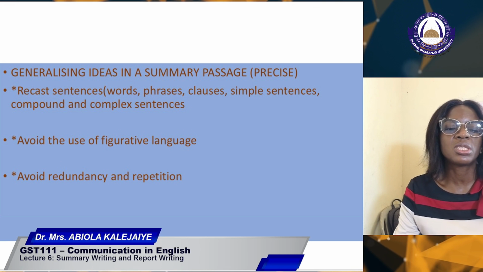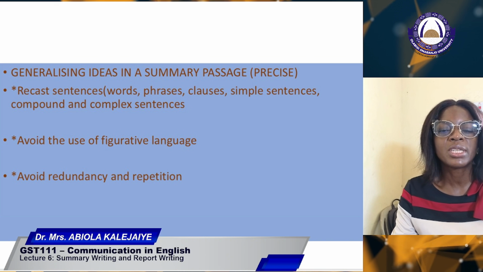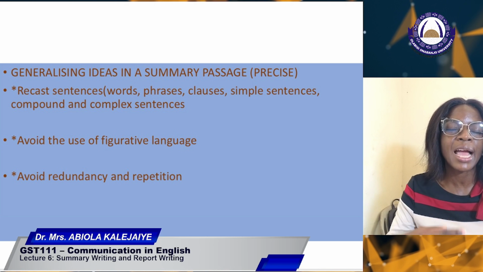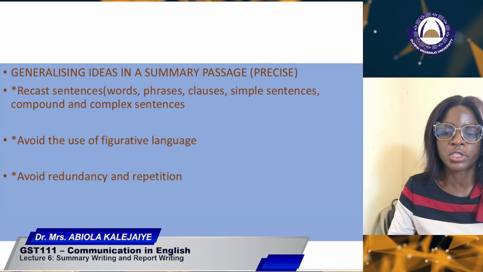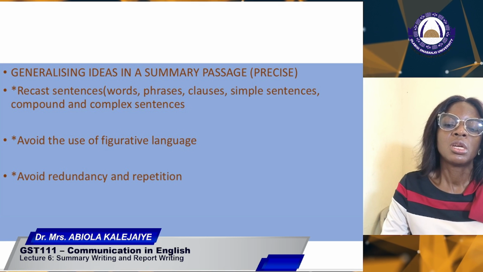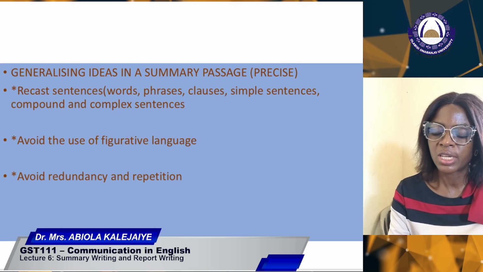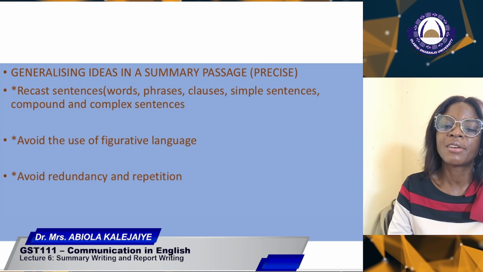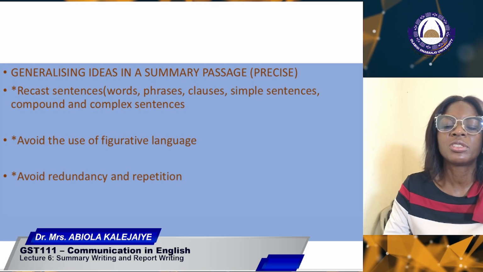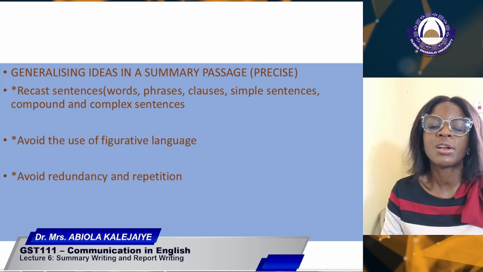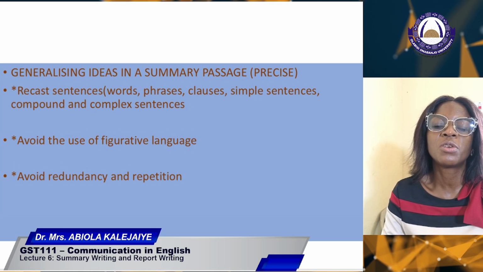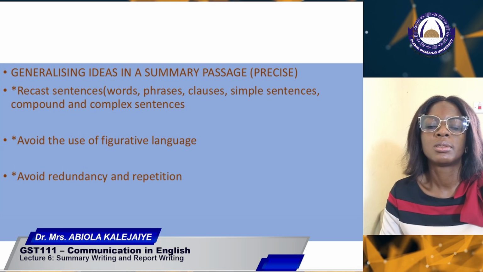Then another thing you should also take note of is to avoid redundancy and repetition. Words that are redundant means words that are just being overflowed. You have to ensure that you don't do that. Then repetition. For example, in your first paragraph, you can say mammals function as something. In the second paragraph, I say again, one of the functions of mammals is reproduction.